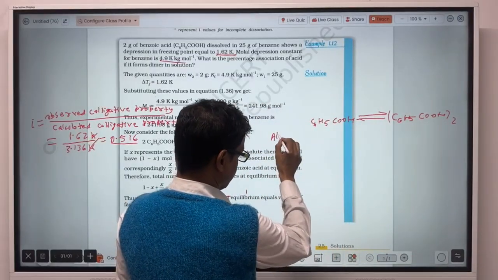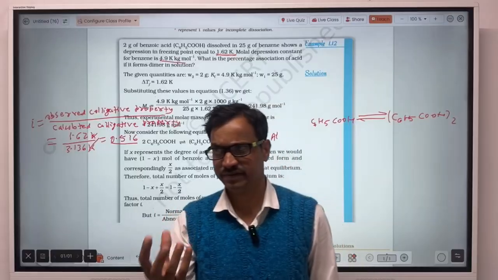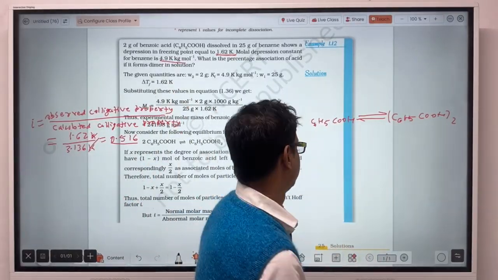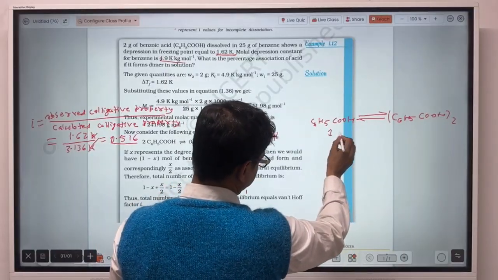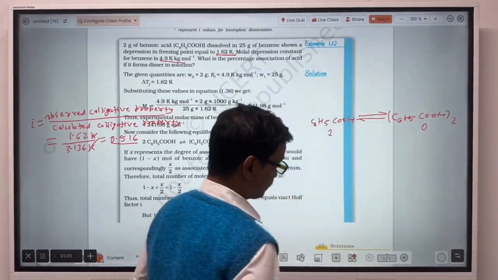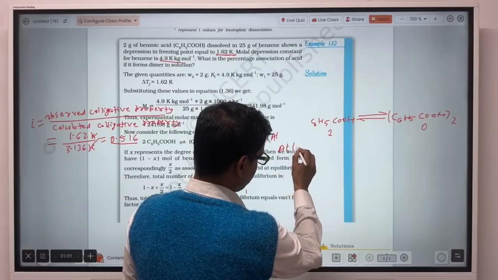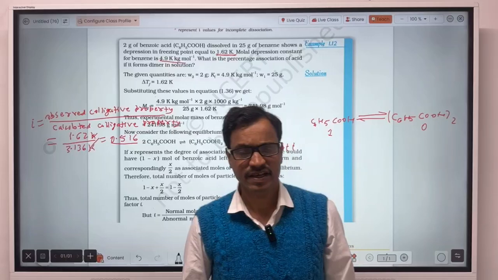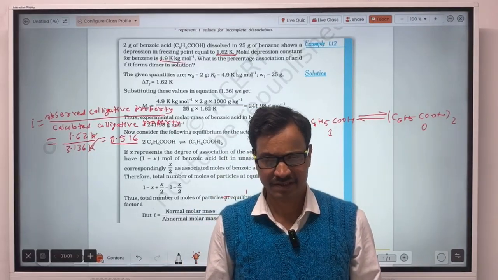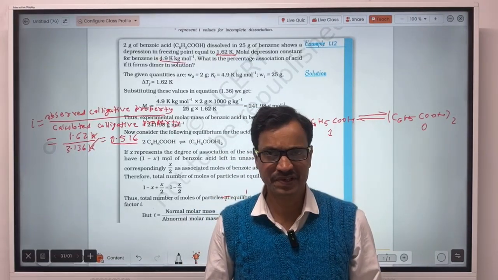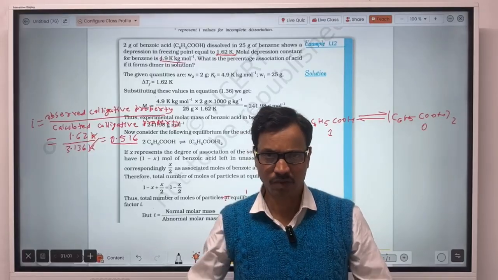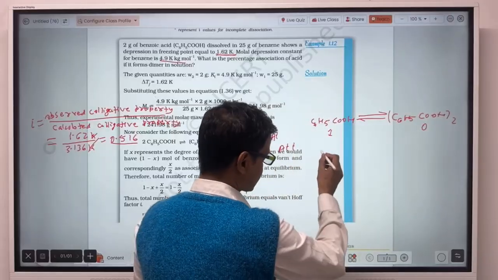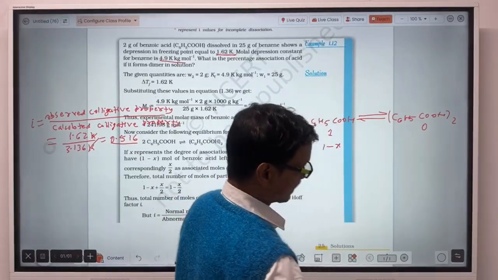When you have just dissolved the benzoic acid in benzene, suppose 1 mole, then the total number of particles at the start will be 1. At time T, suppose X particles of benzoic acid have associated. So how much benzoic acid is left without association? That will be 1 minus X.